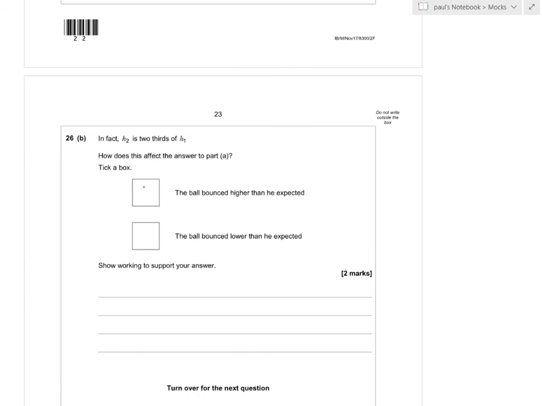In fact, H2 is 2/3 of H1. So that will be 15 times 3/4 times 2/3.